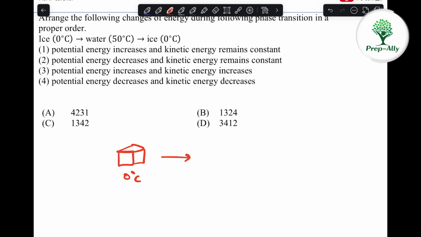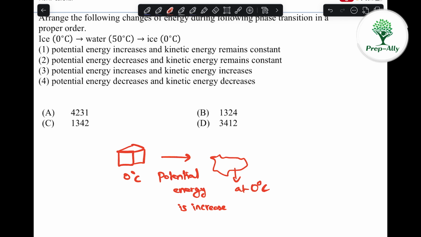It has to break all the bonds, so I can say its potential energy is increasing, which means it is absorbing energy to break all of its bonds to become a liquid, which is also going to be at 0 degrees Celsius, because only the potential energy is changing, and there is no increase in kinetic energy. If there is an increase in kinetic energy, temperature will change, because temperature is a measure of average kinetic energy of a molecule.